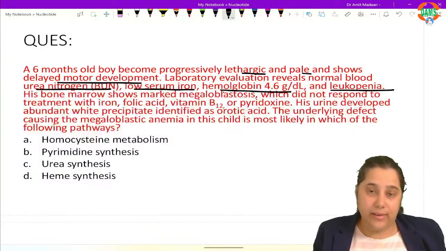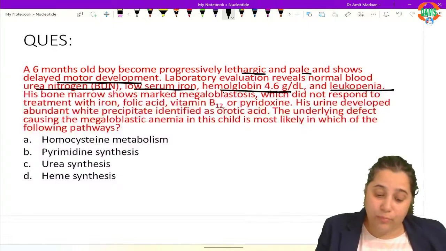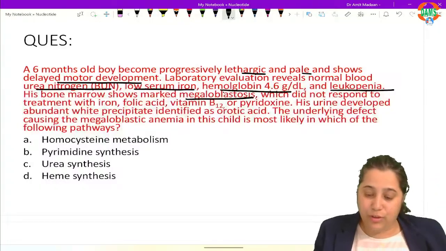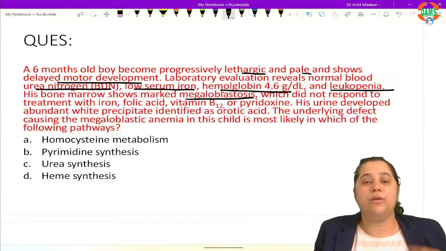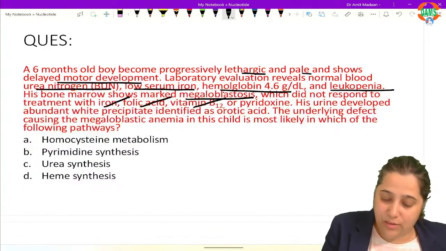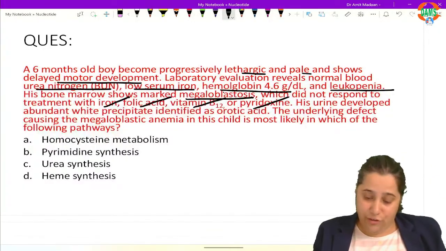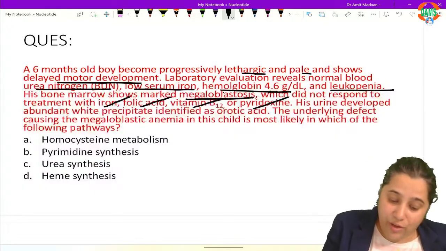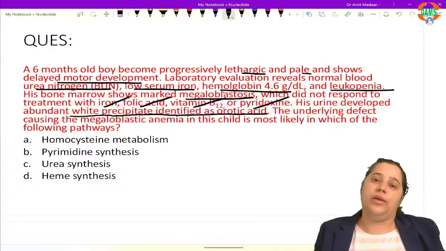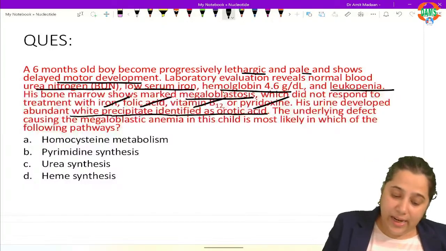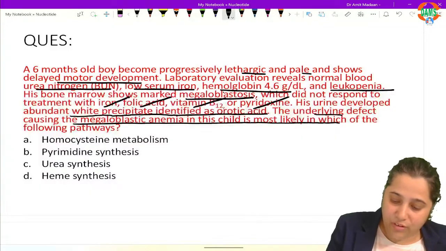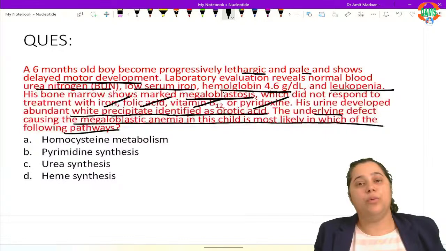His bone marrow shows marked megaloblastosis, which does not respond to treatment with iron, folic acid, or vitamin B12. None of these, nor pyridoxine, is treating this condition. His urine developed abundant white precipitate identified as orotic acid. The underlying defect causing the megaloblastic anemia is most likely which of the following pathways?